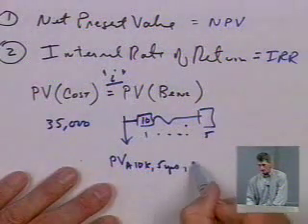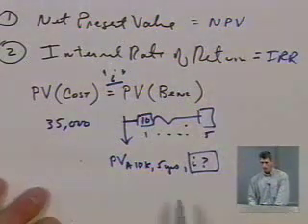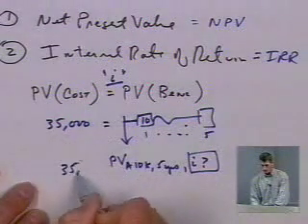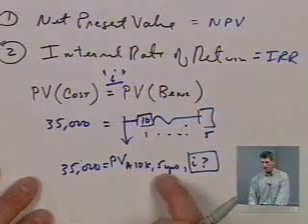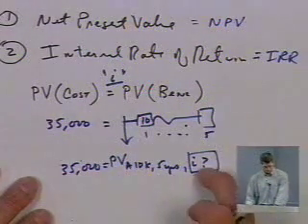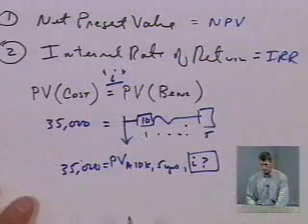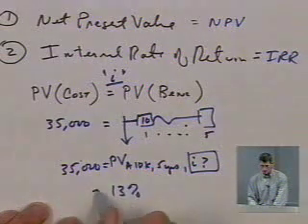And the question is, what is the interest rate? So if we equate 35,000 to the present value of an annuity for 5 years and solve for the interest rate, what we find is that the interest rate is approximately 13%, give or take.